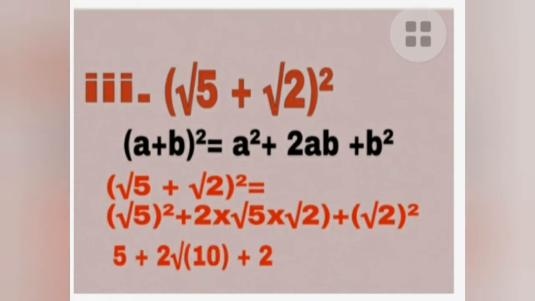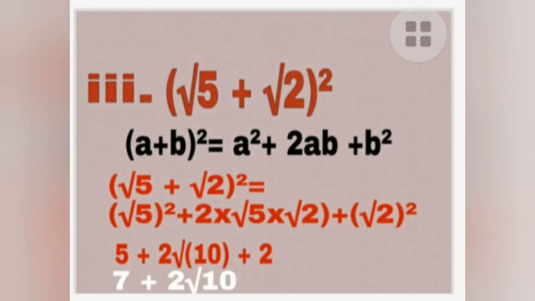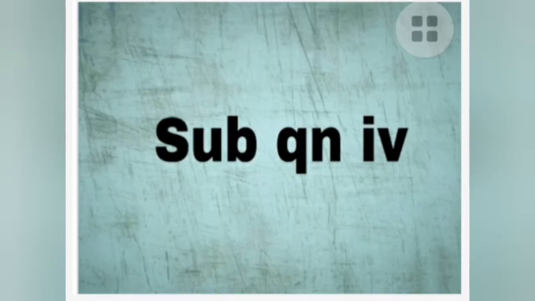The root and square get cancelled and you will get 5. 2 into root 5 into root 2 will become 2 root 10, since 5 2s are 10. And here also root and square get cancelled, you will get 2 only. So 5 plus 2 is 7, plus 2 root 10. So that is the answer for your third sub question.